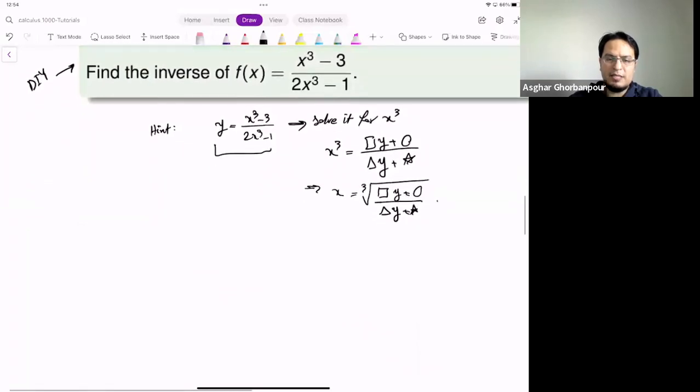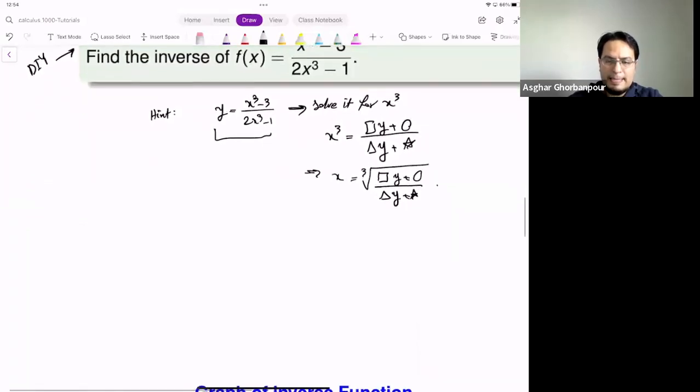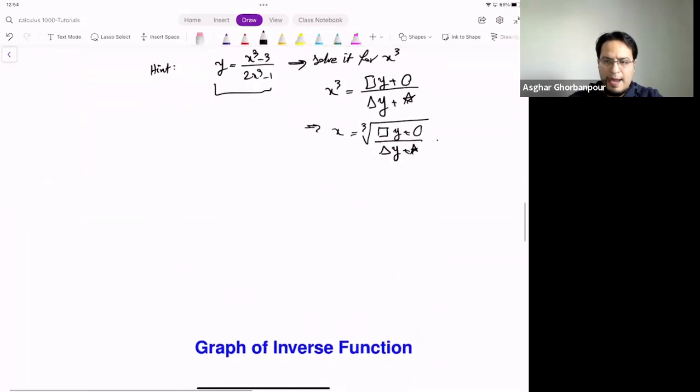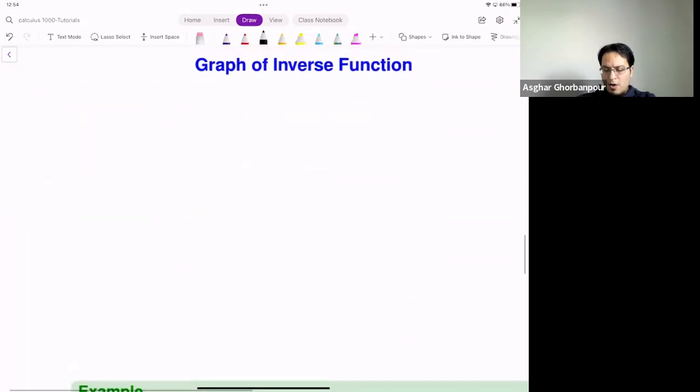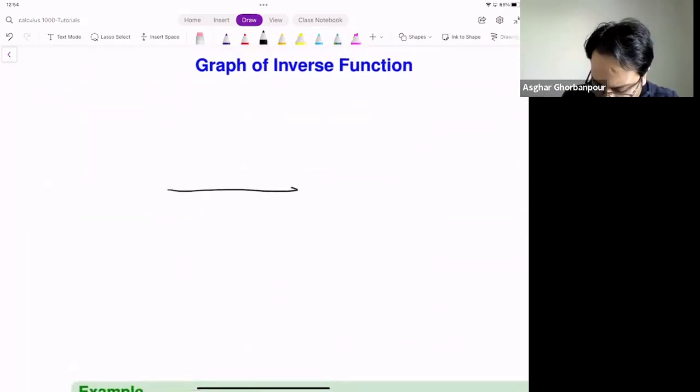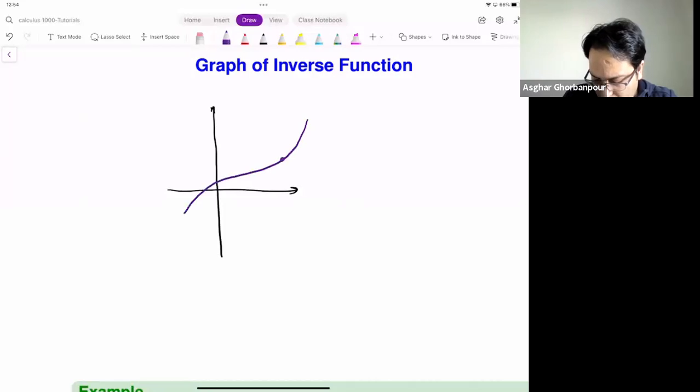Any questions, any comments before I move on? Okay. Well, remember for the graph of a function, what forms the graph of a function? Every point, the first component is the input. The second component is the output of the function when you plug in the first component as input.